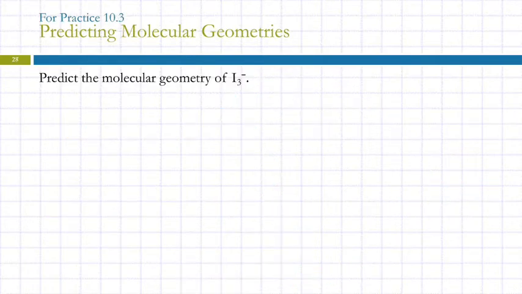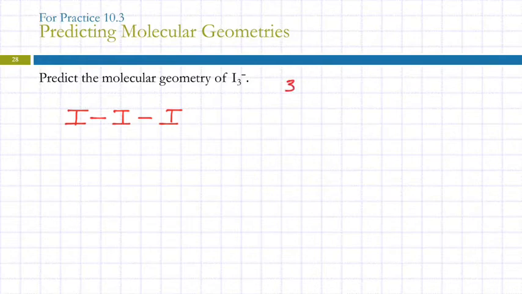Predict the molecular geometry of I3 minus. Some of these are pretty weird molecules and ions. Well, I3 minus, there are 3 iodines. They've got to be connected, so we really don't have any choice but to do that. And how many electrons do we have?